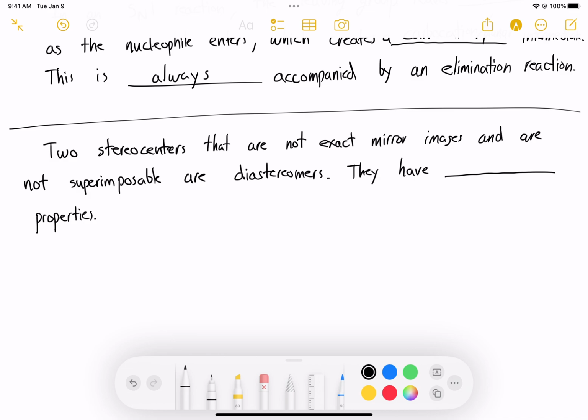They'll have totally different properties. Okay, so they're always different. And that's why we can separate them based on their properties. That's how we can separate stereoisomers, if we can make a diastereomer of the 2 different diastereomers.